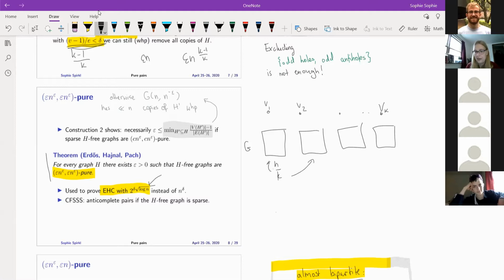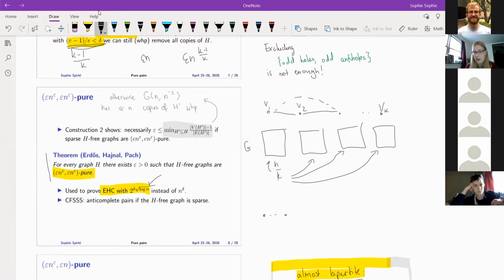So here are k sets of size n over k. And you might have to round down, but rounding errors don't make a huge difference here, because if the graph is small, you just take a non-edge or an edge, and here's a reasonably big pure pair if your graph G is actually very small. So let's not worry about rounding, but here are k sets, and here's the graph H, and we have some edges and some non-edges.